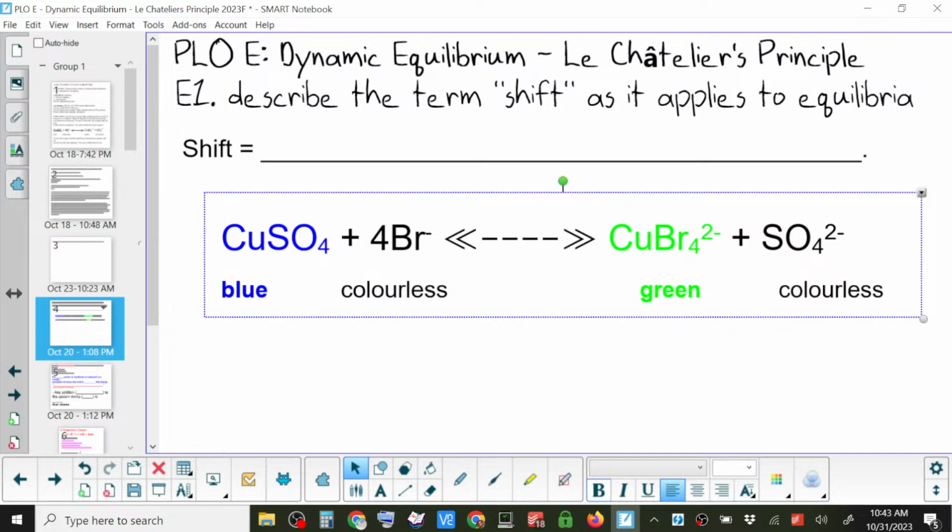Since the other one was pre-weighed out, I'm not going to worry about this one. I'm going to assume it is. And so what color should this one become? Green.